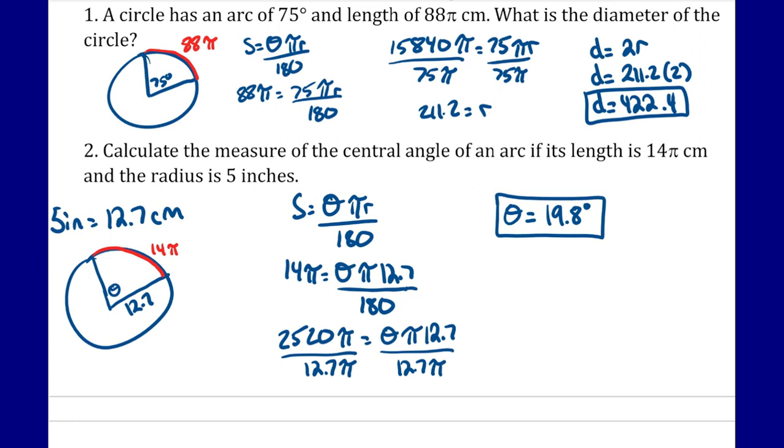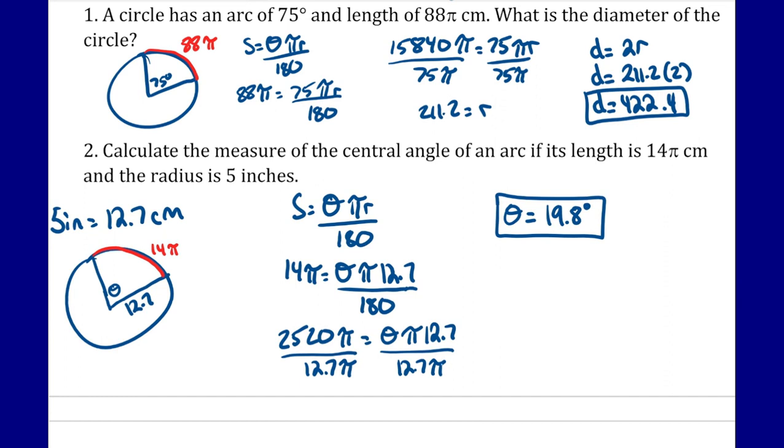I then took the formula, S equals theta pi r divided by 180, plugged in the information of the length and the radius, and then I had to solve for theta. I did that by, again, bringing the 180 up and multiplying, and got 2,520 pi. So again, I just did 14 times 180.